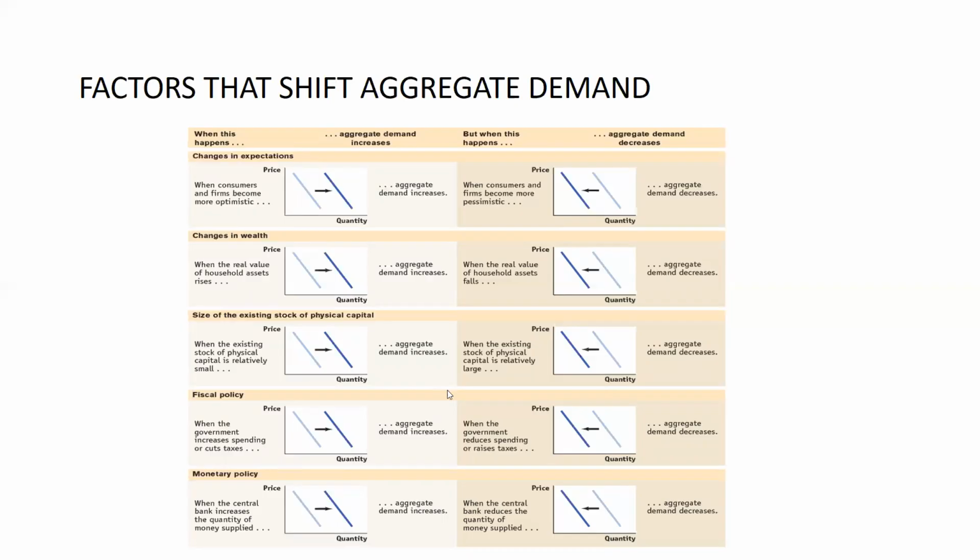Firms will invest more, and this will increase the aggregate demand. So the lower the level of capital we have today, the greater the increase in aggregate expenditure through investment.